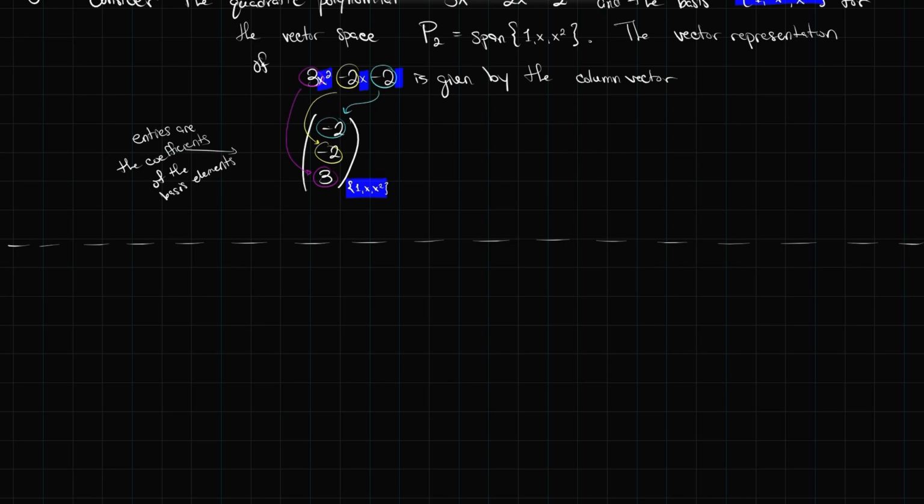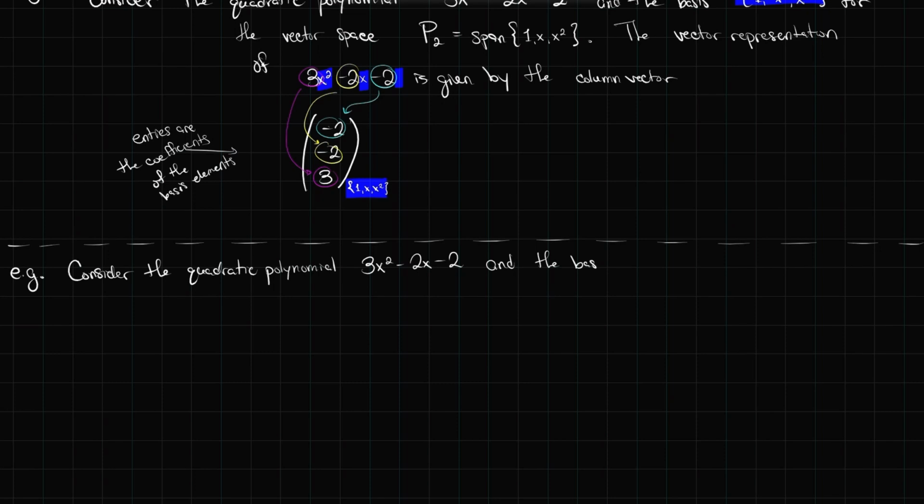Now, because bases aren't unique, vector representations aren't unique, and let's look at an example of that. So we'll look at an example where we'll do the same thing. So we're going to consider the quadratic polynomial 3x squared minus 2x minus 2, but we're going to modify our basis.